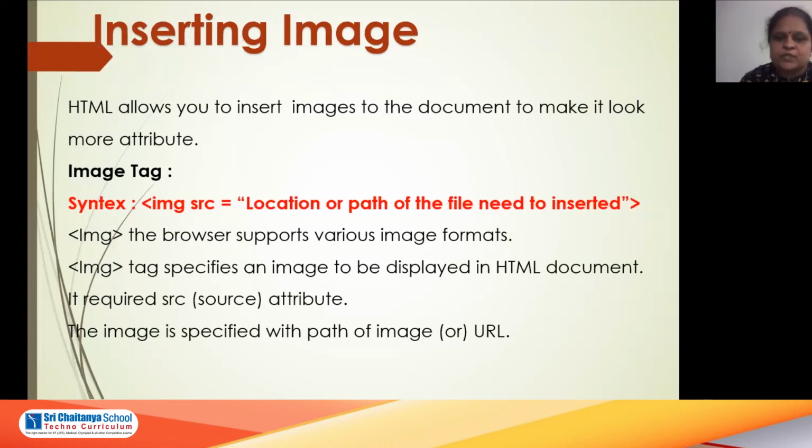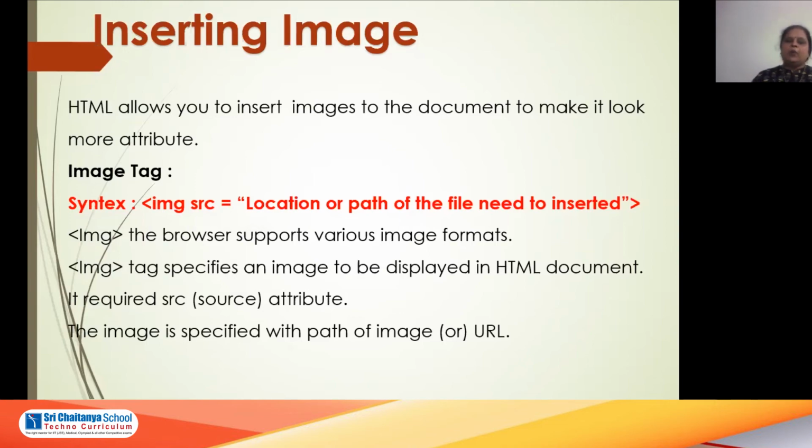We are going to insert an image in the web page. Okay, not the background, it is an image itself. For that we have a tag called img src, that is image source. Then we have to specify the location or the path of the file which needs to be inserted.